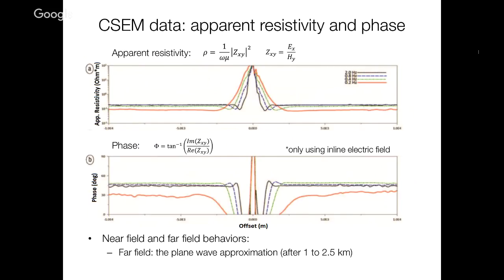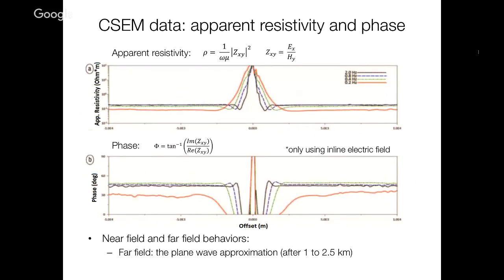And Doug was mentioning this a little bit when he was talking about CSEM and MT. If your offset is far enough, now you can use the MT assumption. So you can use this formula for apparent resistivity, transform your data to an apparent resistivity and the phase.